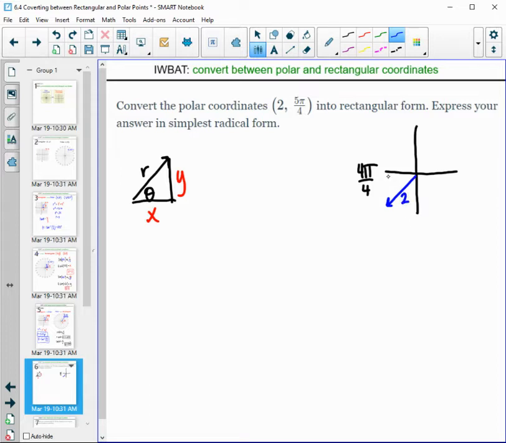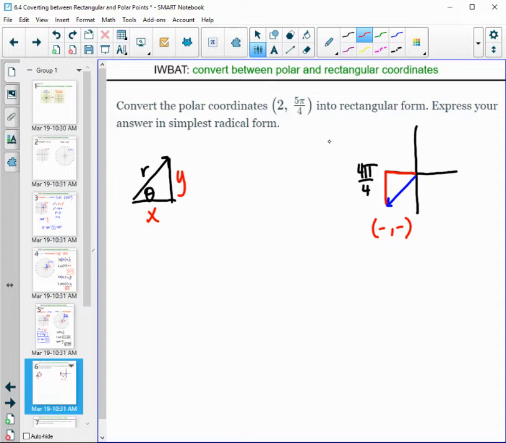The reason I'm saying that is because when you do these x, y coordinates, you now know it's in the third quadrant. So when you get an x and a y, you better have a negative x value and a negative y value for your ordered pair. If you don't, something went wrong.